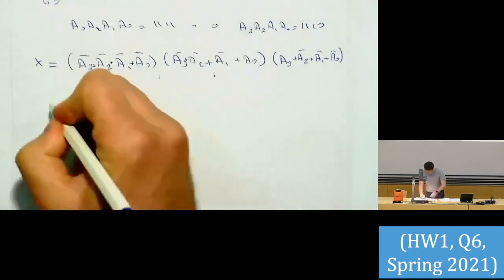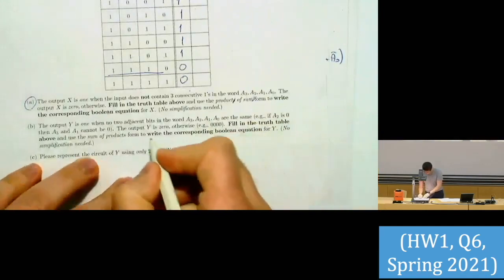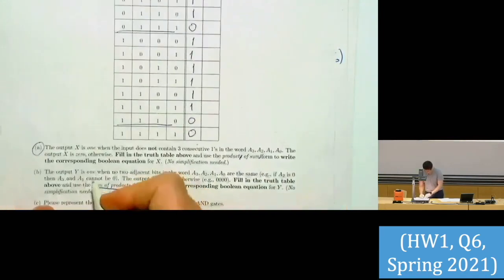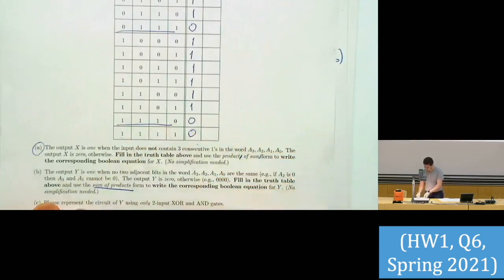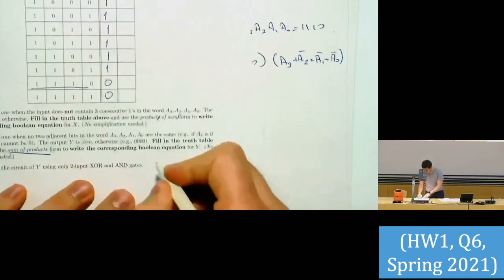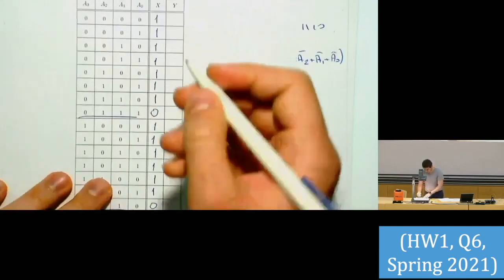For B, it asks for the sum of products, and Y is 1 when no two adjacent bits in the word are the same. Basically, I won't have any adjacent input bits equal to each other.